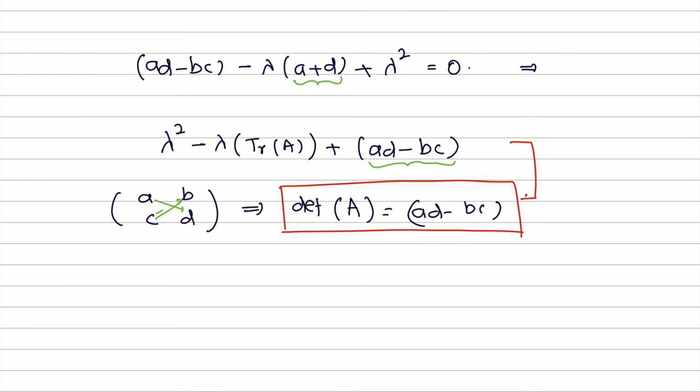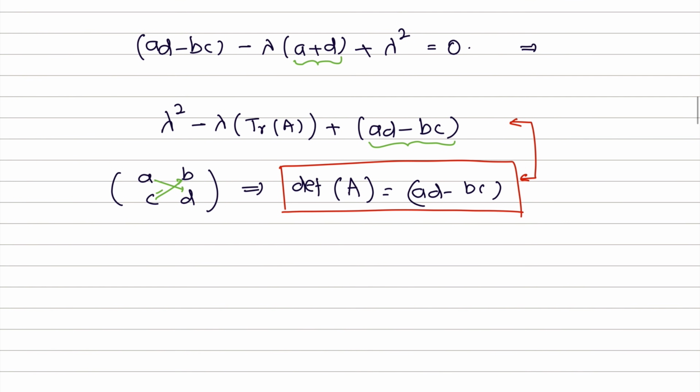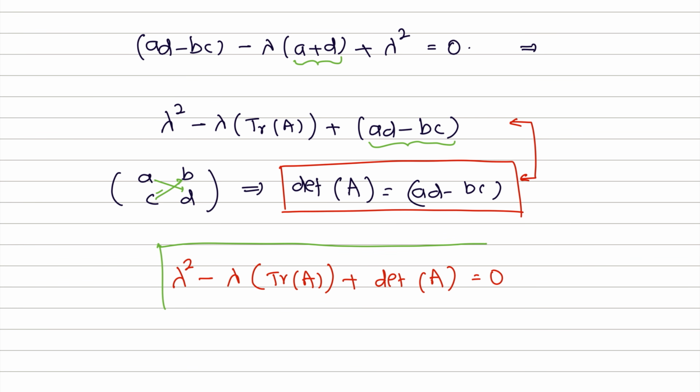From these two, we can write that lambda square minus lambda into trace of A plus determinant of A is equal to 0. This is the characteristic equation of a 2 by 2 matrix.